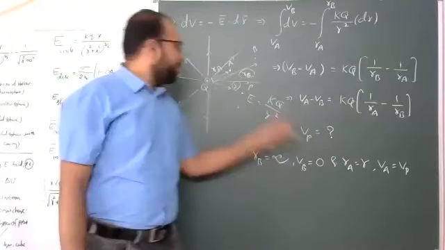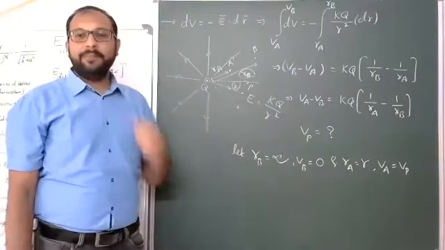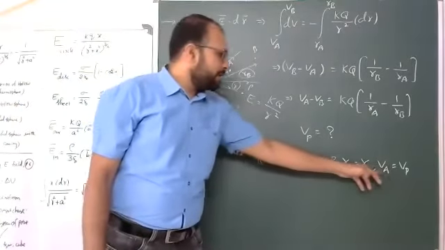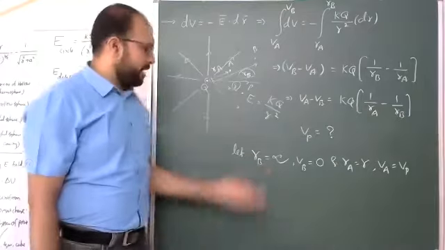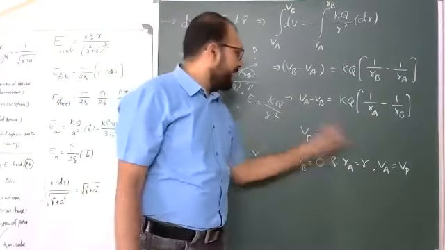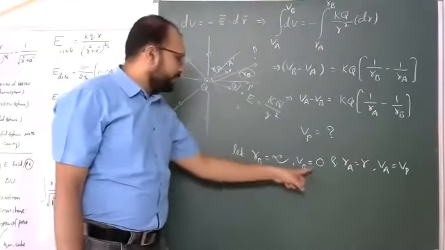So point A, I am taking as point P. So RA equal to r, that is VA equal to V. Now I am substituting these values here. If I substitute VA as VP, VB is 0.